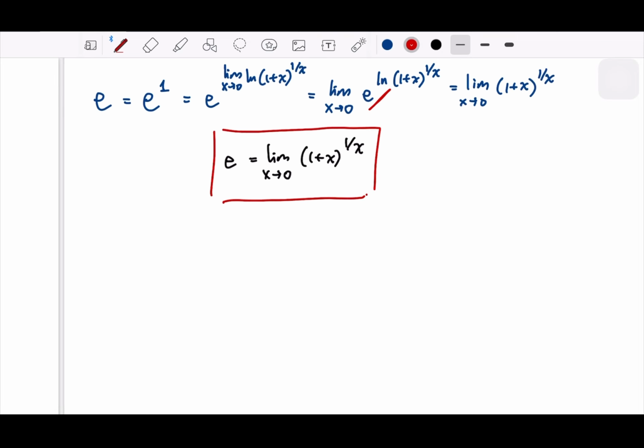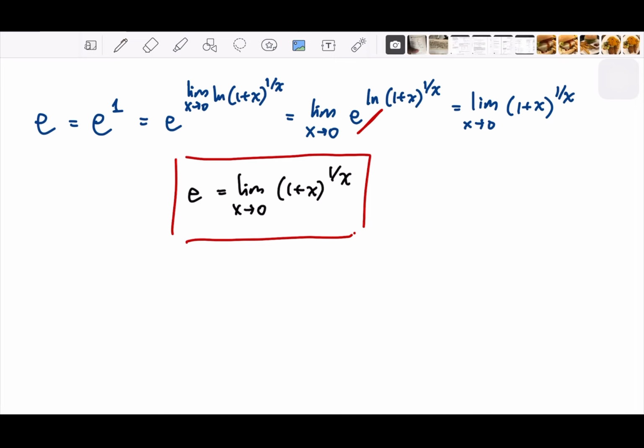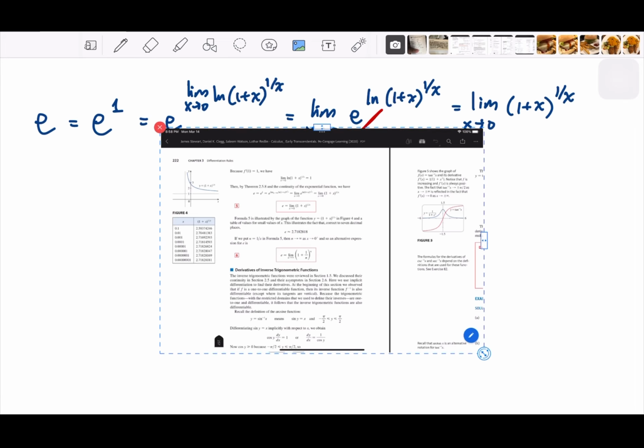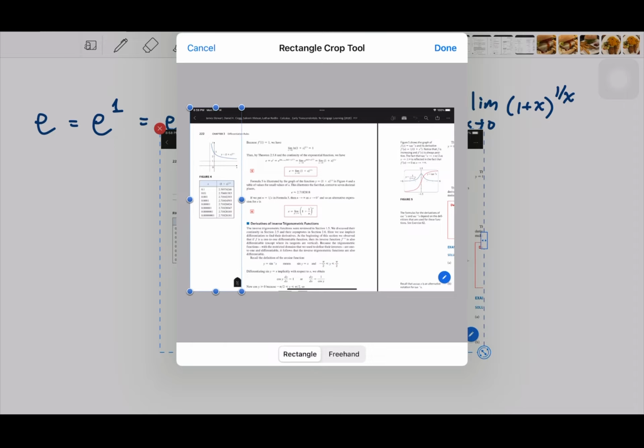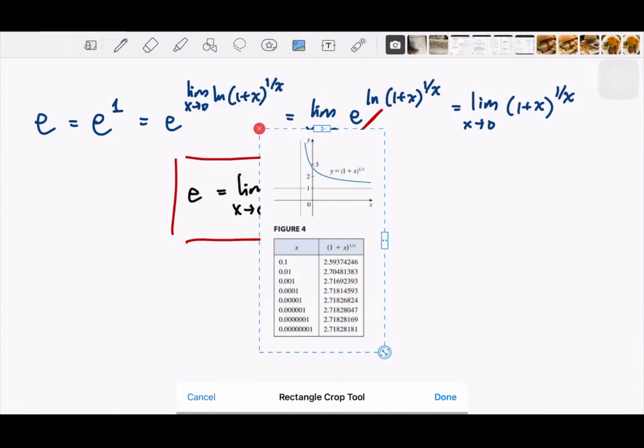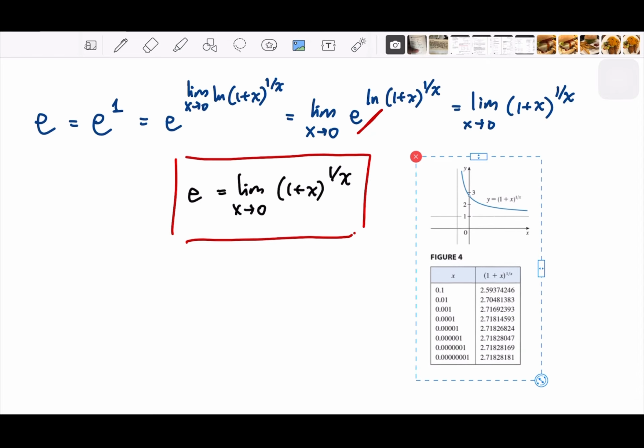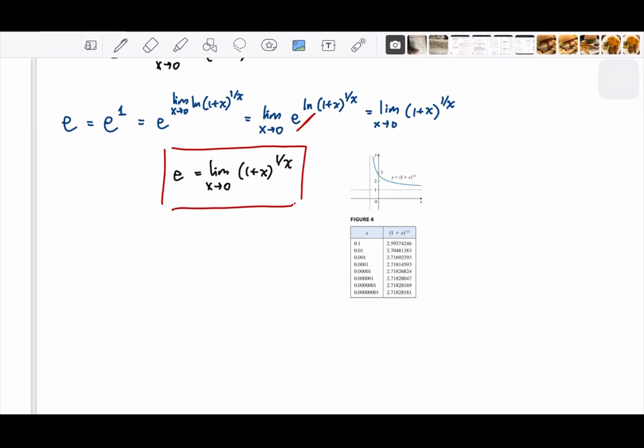And if we look at the graph, I think I have set up the graph here. This is the graph.